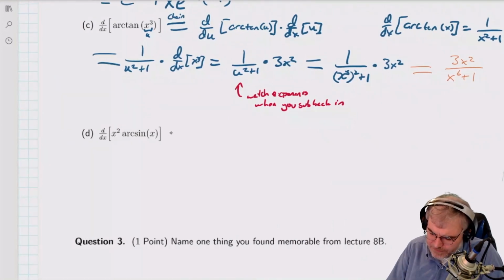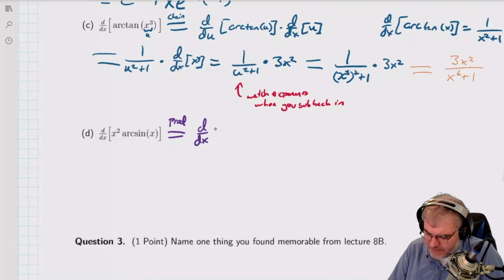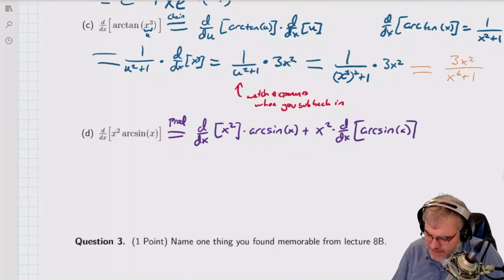This one here is the product. And it's going to be d over dx of x squared times arcsine of x plus x squared times d over dx of arcsine of x.